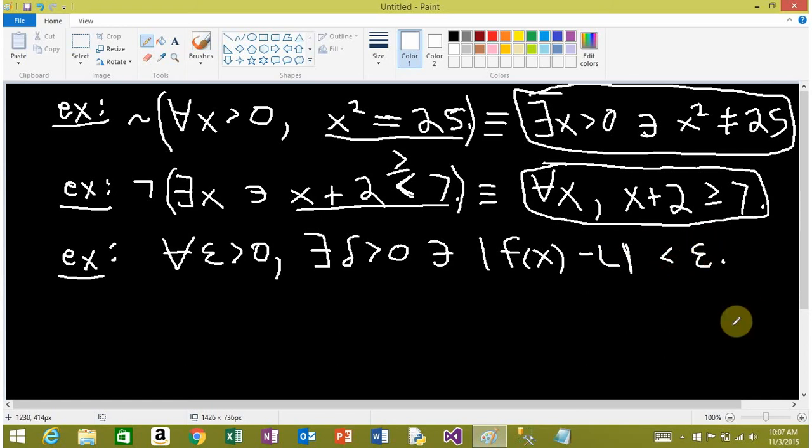If some of you are taking calculus, you probably learned that this is the definition of the limit, of how you would prove that a limit exists.